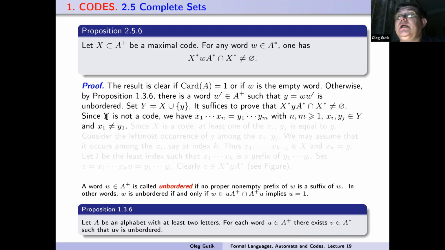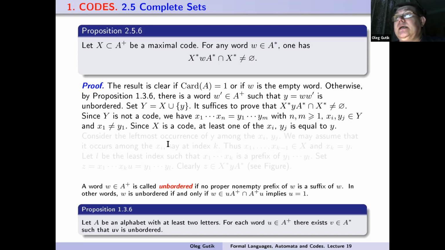So next, since Y is not a code, we have that x1 ... xn is equal to y1 ... ym, with m and n greater than or equal to 1, and xi, yj belong to the set Y, and x1 is not equal to y1.